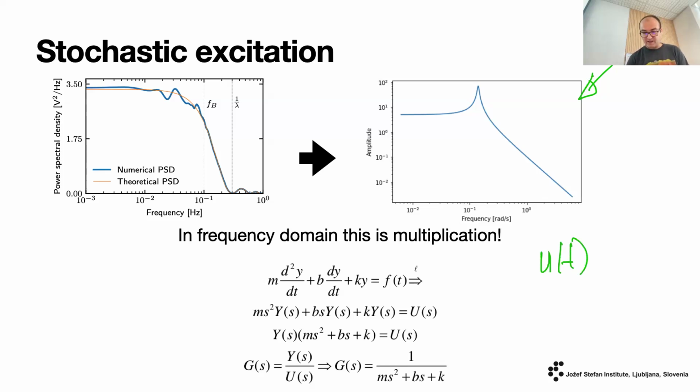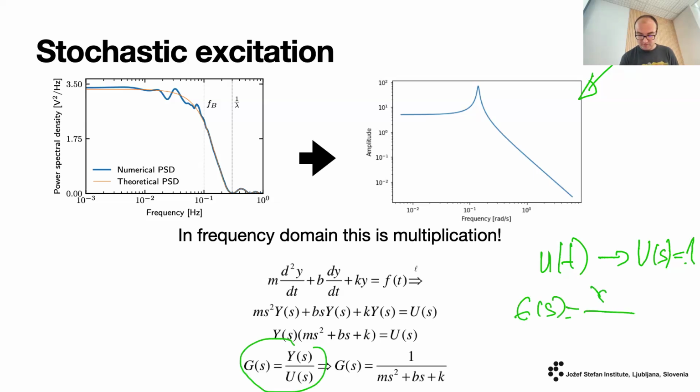of t, that has such a form that its Laplace transform is a constant 1. In such a case, this equation will become G of s equals Y of s divided by 1. So if I use an excitation signal that has such a property, the output will be my EIS.